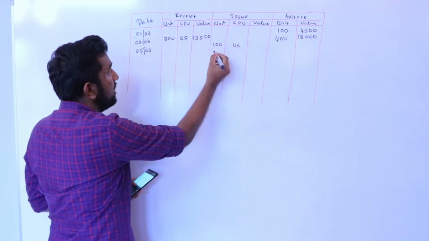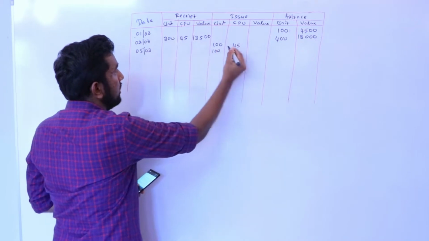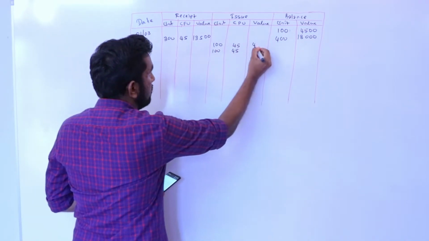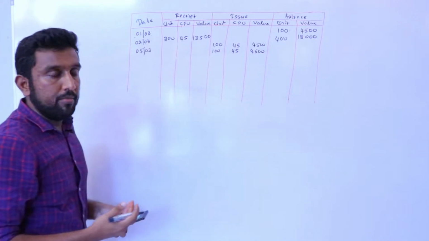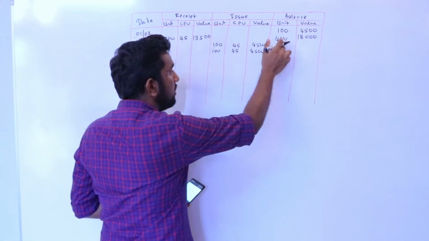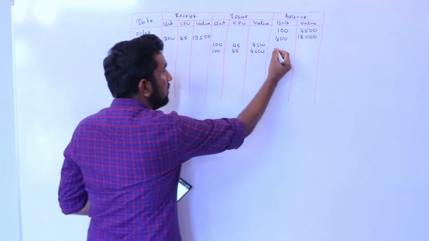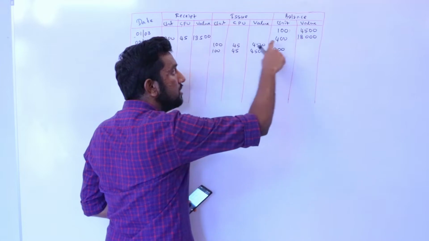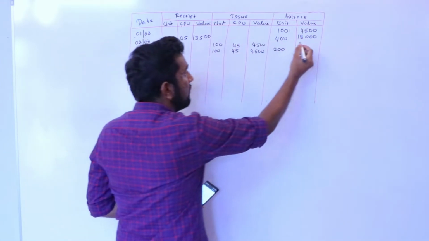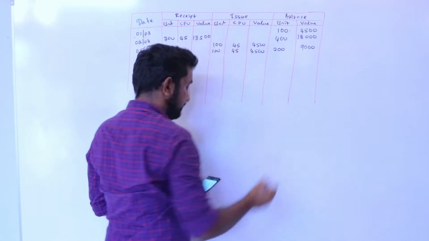Then again the remaining 100 from this one, again 45. So 4,500, 4,500. After the issue, I had 400 earlier, I issued 200, therefore my balance is 200. I had a value of 18,000, I issued 9,000, therefore my balance is 9,000.